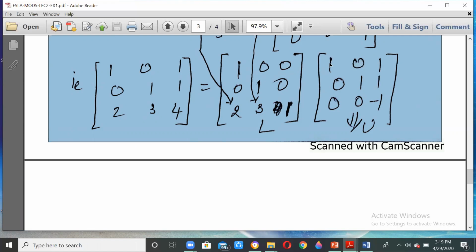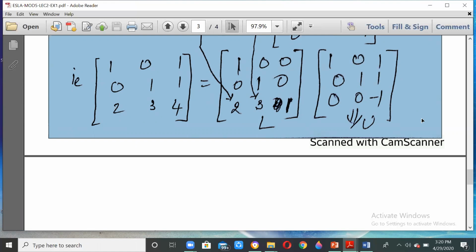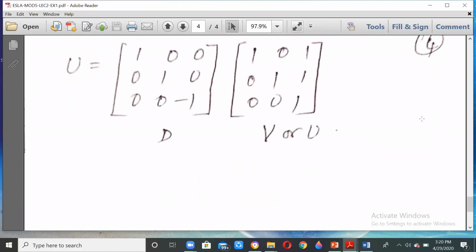This I should divide by 1, I'll get 1 itself. This I should divide by 1, I'll get that itself. And the rest of the thing remains the same. So it doesn't make any difference. Again, you'll get the same thing, only that here you have 1, 0, 0, 0, 1, 0, 0, 0, minus 1. This is D, and this you can call either V or U. So this finishes the example.